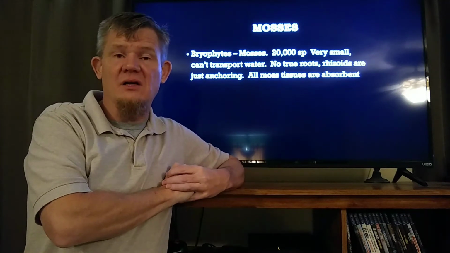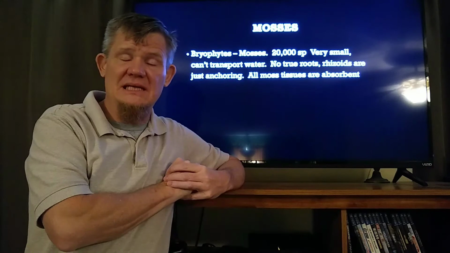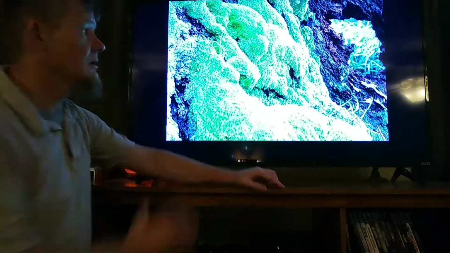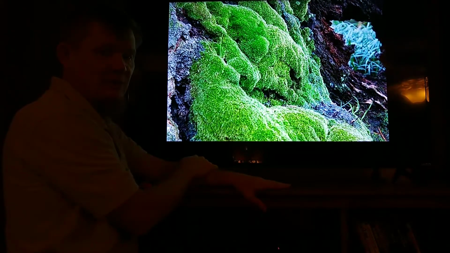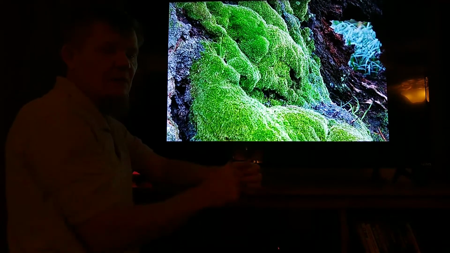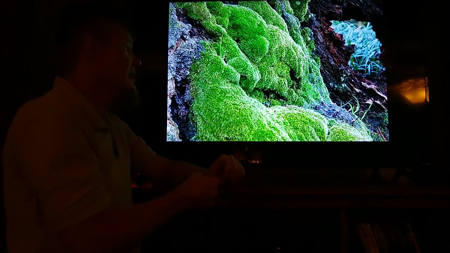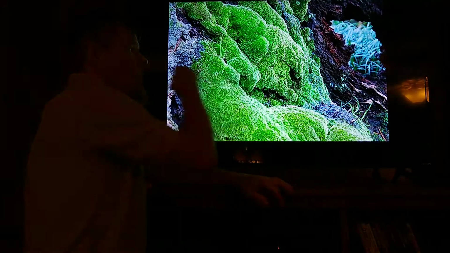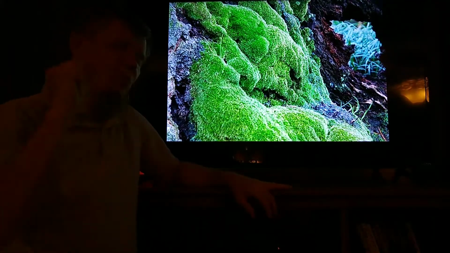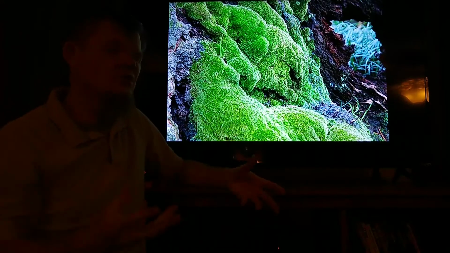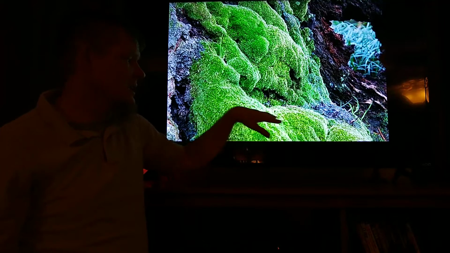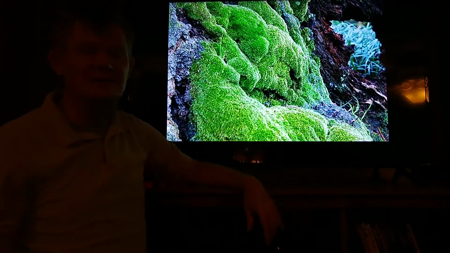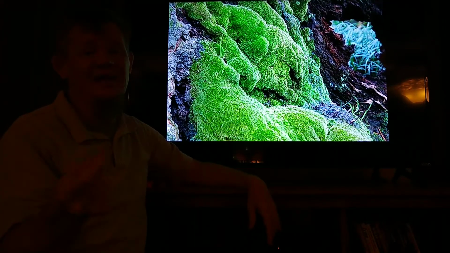Like I said, all moss tissues have to be absorbent because they can't transport water. So here you see a bed of moss. In lab, we will look at mosses more up close. If you get way down on the almost microscopic level, each of these little dots that you see is a single individual little moss plant.